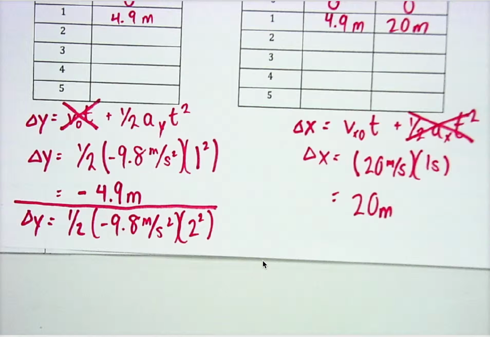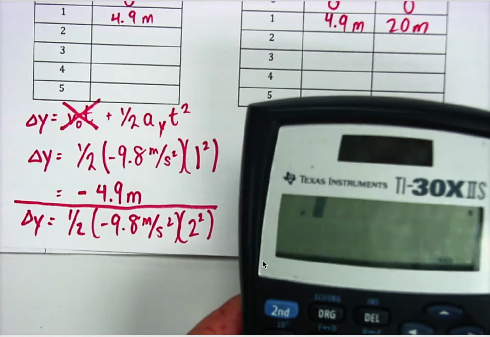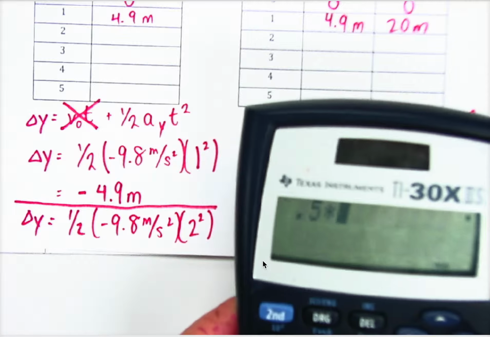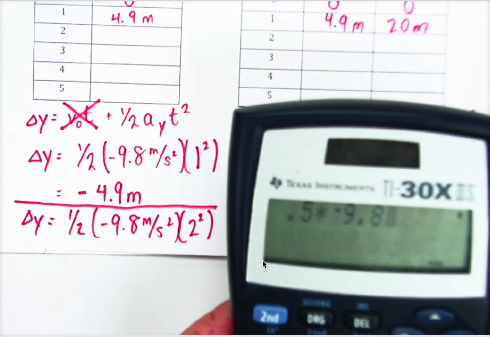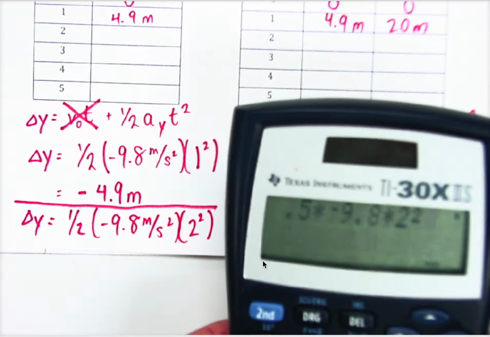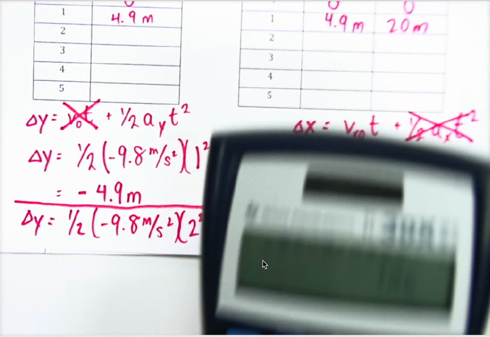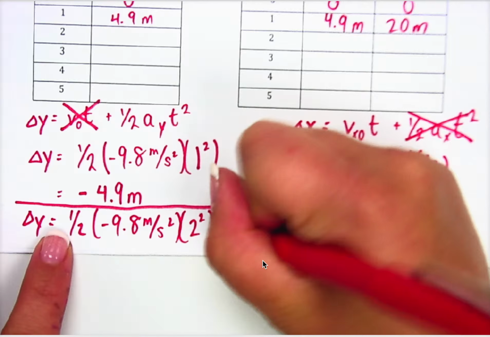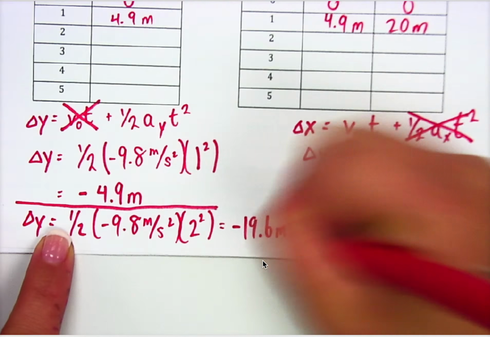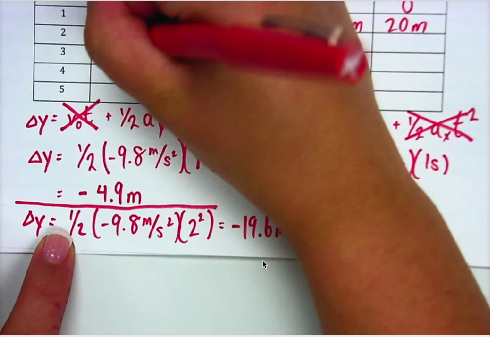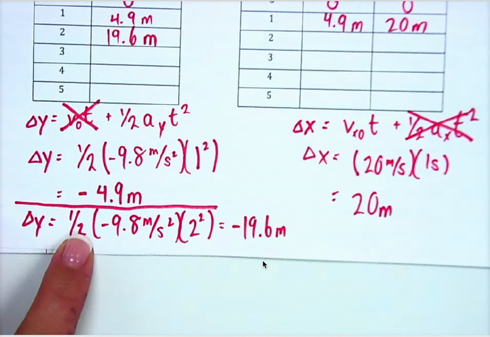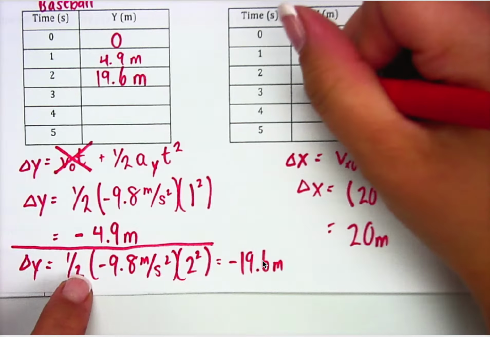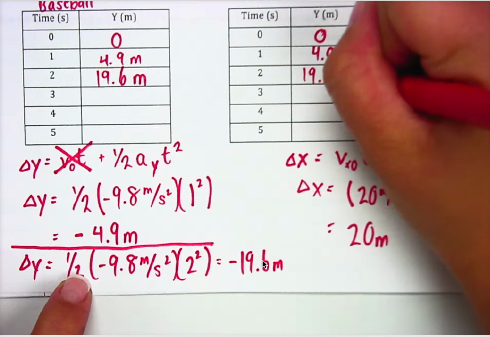So I have 1/2 times negative 9.8 times 2 squared, negative 19.6. So it's fallen down 19.6 meters. Okay, that means the cannonball has also fallen down 19.6 meters.